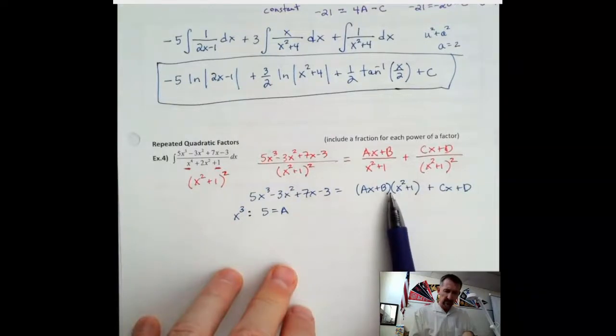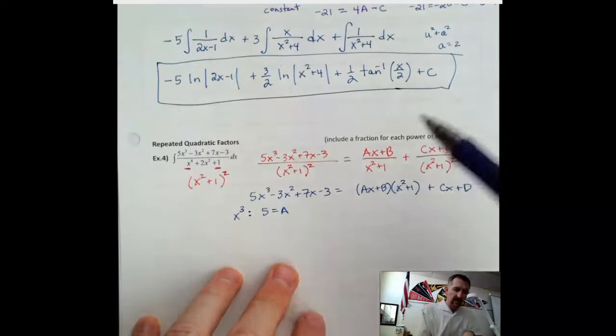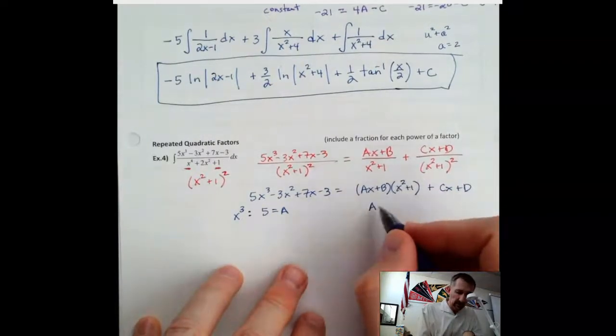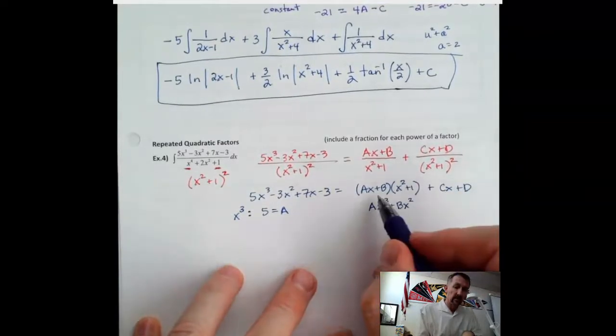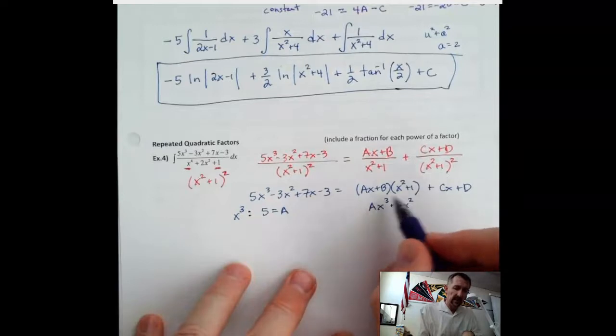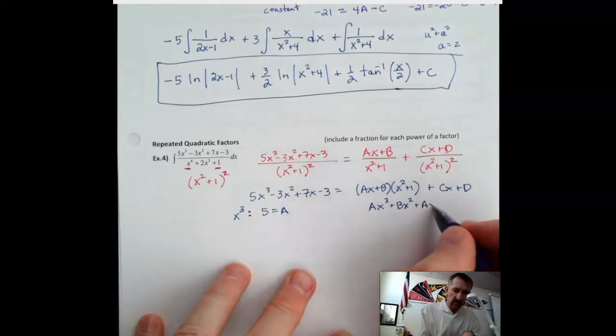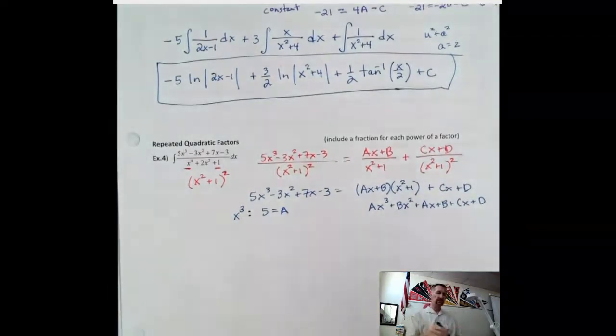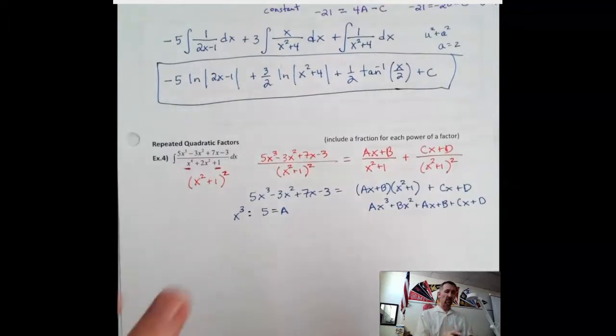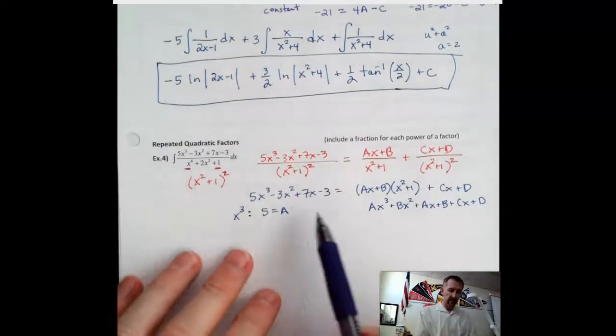Now, let's think about the next term. There is only going to be one x squared term also. I guess we could multiply this thing out if you want to. Ax cubed plus bx squared, plus ax plus b. So instead of listing out a whole system of equations and plugging numbers in for x, we can just start identifying certain things here.